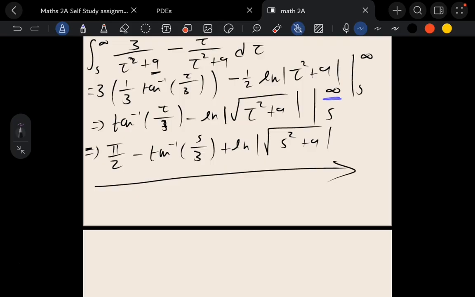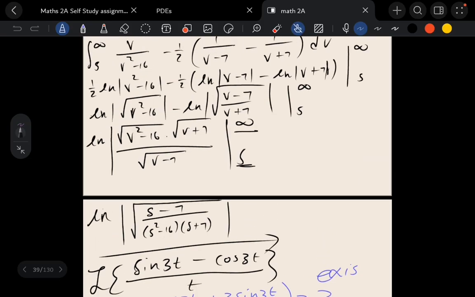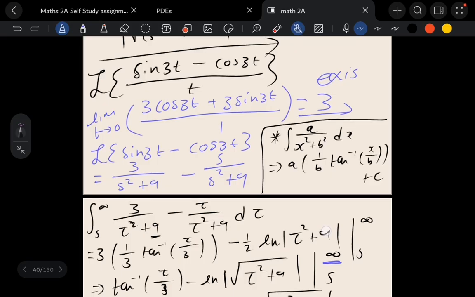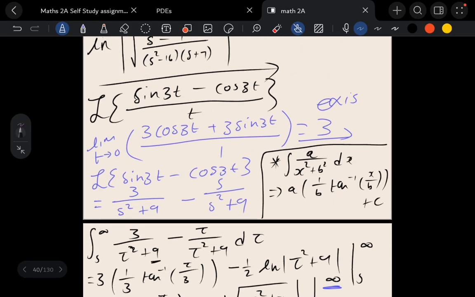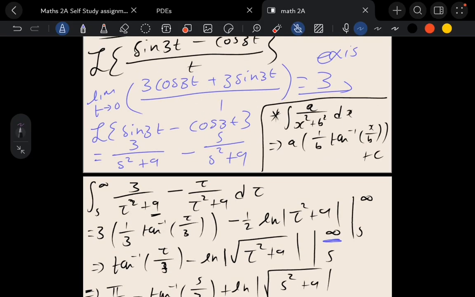Do not ask me how to find the inverse of this. I'm just going to show you in later videos how to find the inverse of this entire thing. But in a nutshell, guys, this is how you find the Laplace transform of a division by t. You need to just keep these rules in mind that I've written.